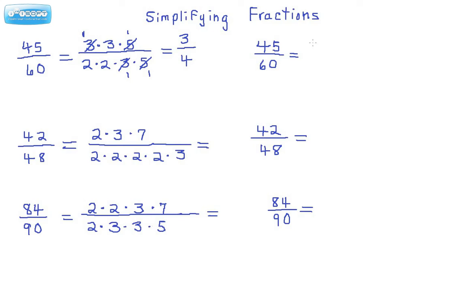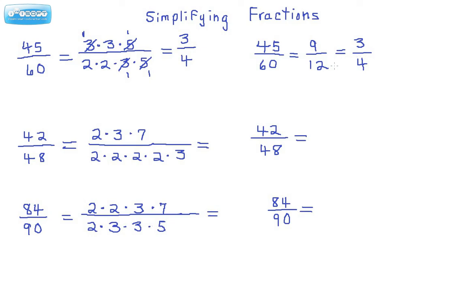So when I look at 45 and 60, I know that 5 goes into 45 9 times, and 5 goes into 60 12 times. But when I look at 9/12, I see that these two numbers still have a factor of 3 in common. So 3 will go into 9 3 times, and 3 will go into 12 4 times. So again, this fraction still reduces to 3/4.